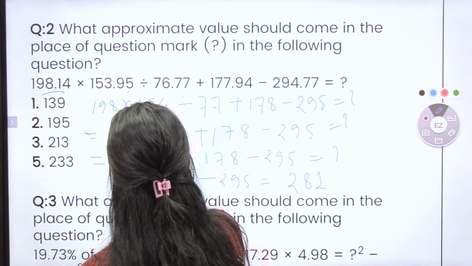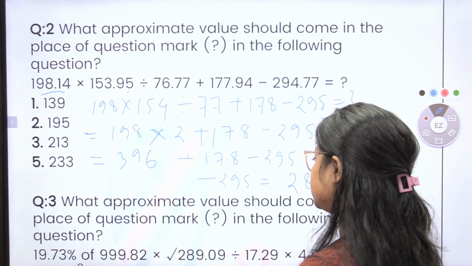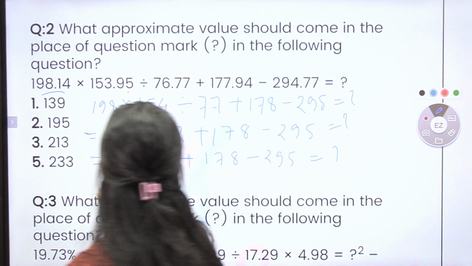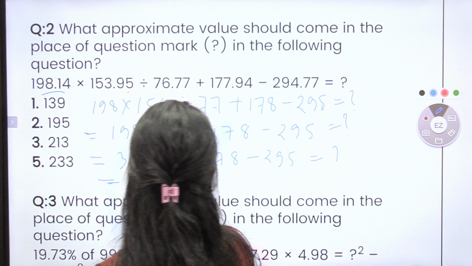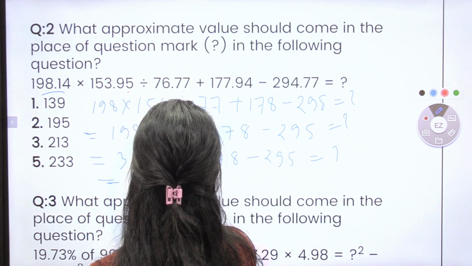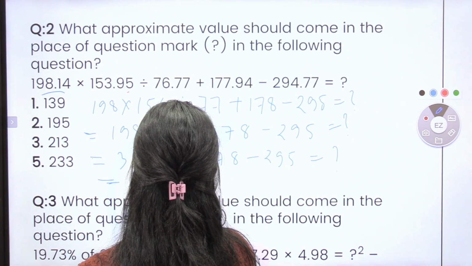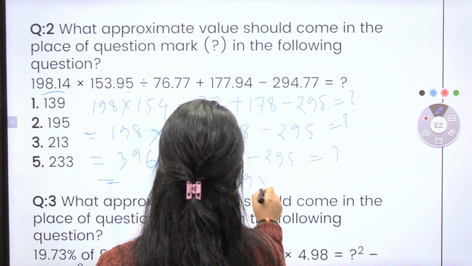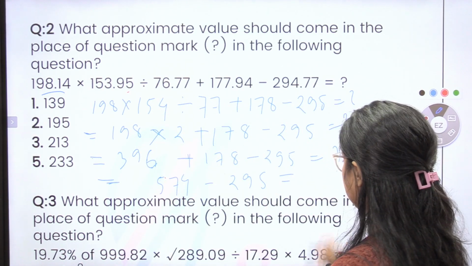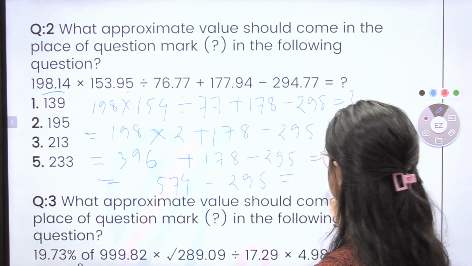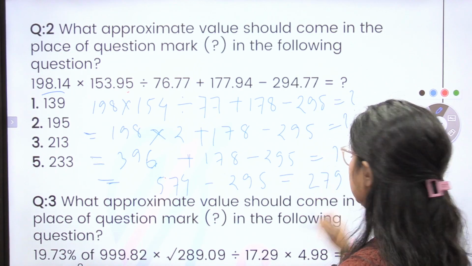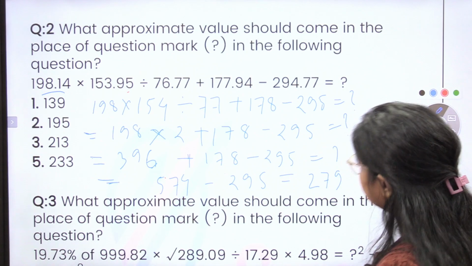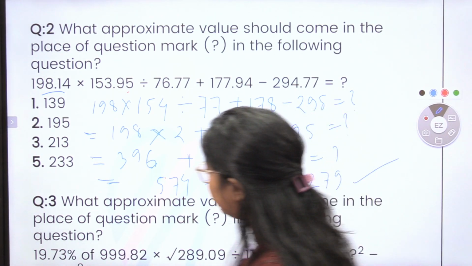Now let's do it again from here. So it will give you the value 279. That should be the answer. If there is anything wrong, I guess nothing. This must be the answer, but we don't have it in the options.